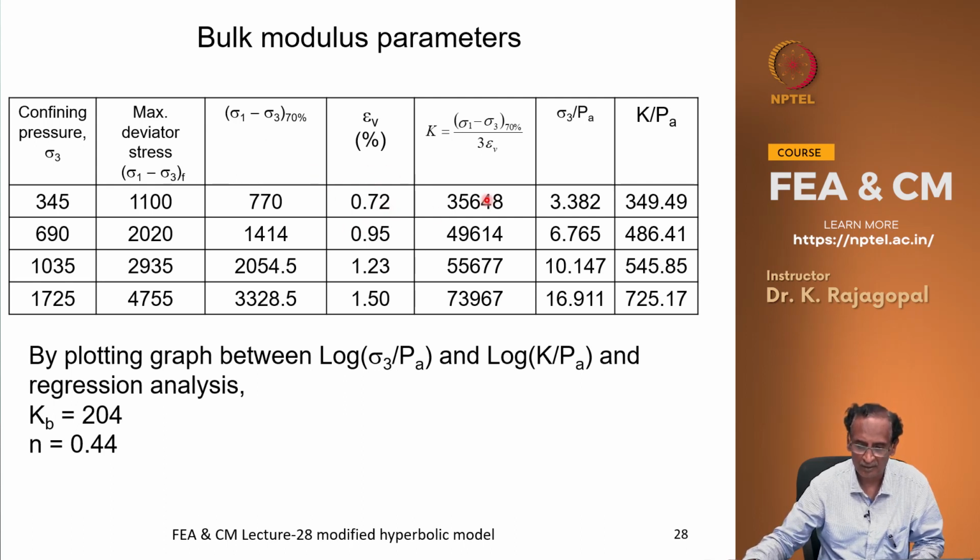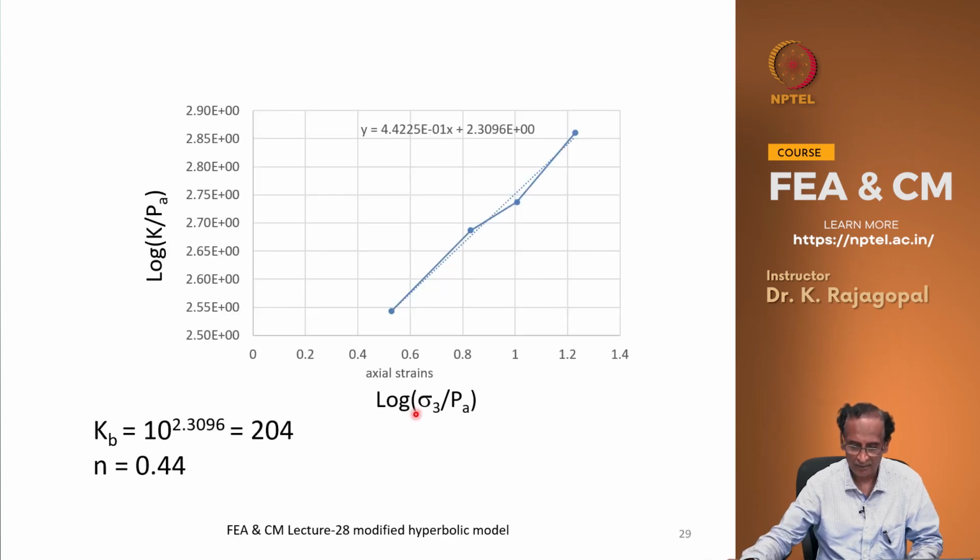Then we have sigma 3 by Pa and K by Pa, and we can plot a graph between log of sigma 3 by Pa and log of K by Pa, and then we get a regression equation like this. Our Kb is 10 to the power of this intercept, that is 204, and n is the slope of this line, that is 0.44.